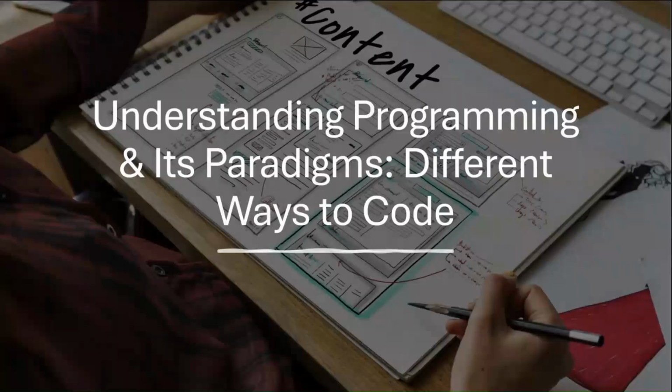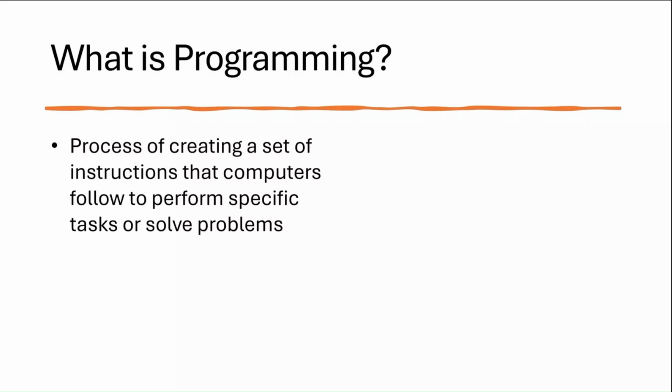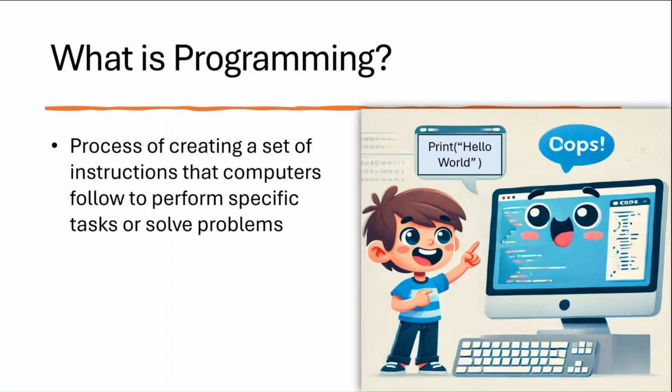So let's start. What is programming? It is a process of creating a set of instructions that computers follow to perform a specific task or solve problems. Right? So, for example, if you give an instruction to the computer to print hello world, the computer will understand that and print hello world, right?